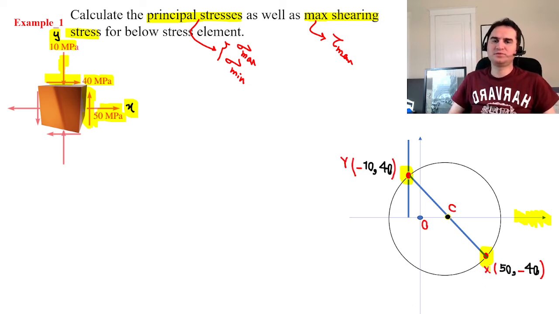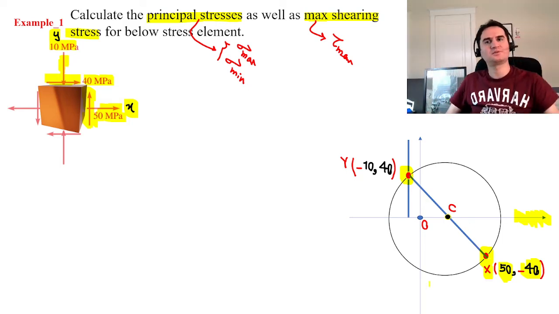If we project those two planes as 2 points in Mohr circle, x goes by a 50 megapascal tensile stress and a negative 40, since the counterclockwise rotation brings us below the x-axis. That's a negative 40.